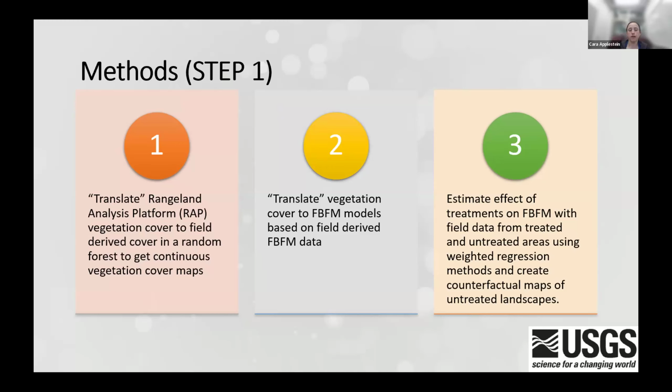Once we have that effect, we can essentially subtract those treatments from the landscape to create counterfactual maps of untreated landscapes and compare what the fire behavior would be on a landscape that has been treated versus has not been treated. Here we're going to look specifically at drill seeding, aerial seeding of shrubs, and herbicide use.